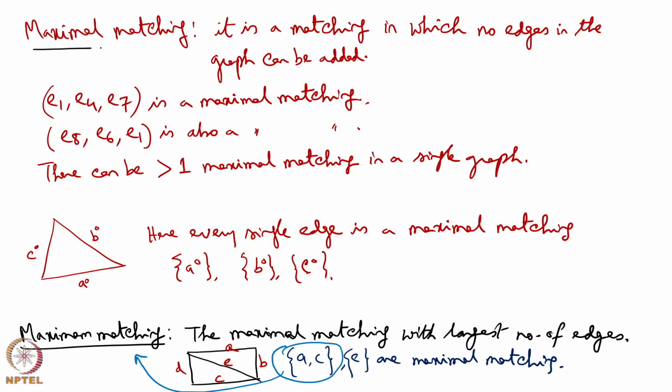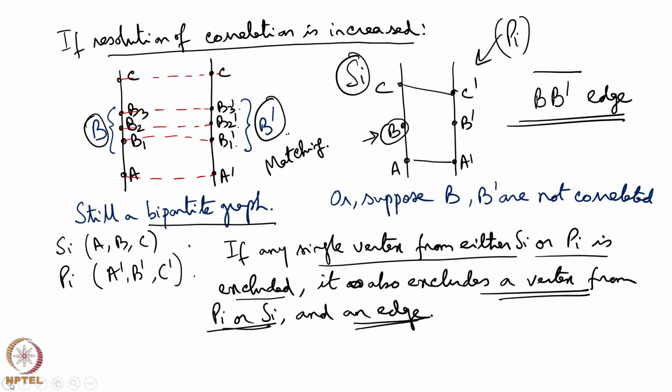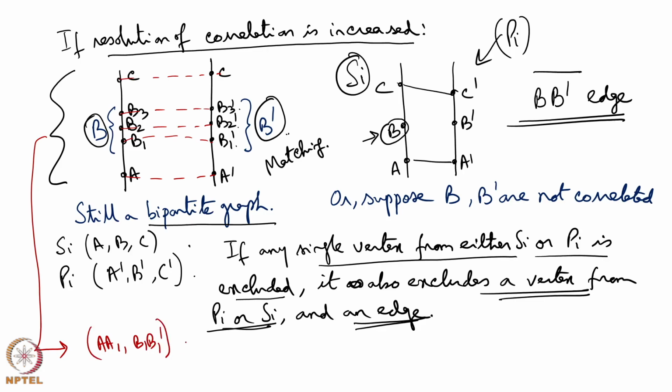We will come across a term known as the maximal matching. It is a matching to which no more edges of the graph can be added. In this case, if I write A A1, B1, B1 dash as a matching, in this subset I can also add other edges.